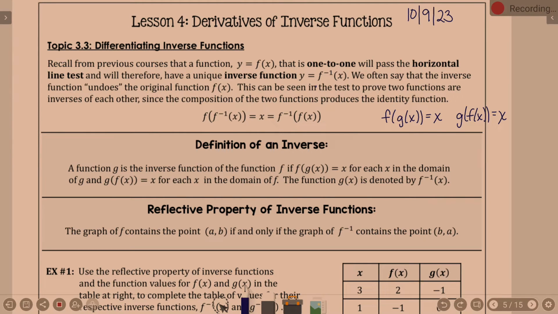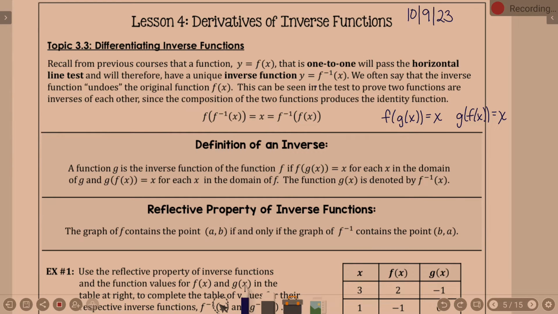So you have to watch for it. It's not just assumed, but g of x is often denoted by f inverse of x. There's a specific definition on page 3, I guess, about how to find the inverse of a function. We will get to that as we go through the notes.